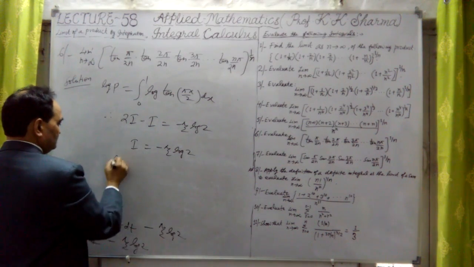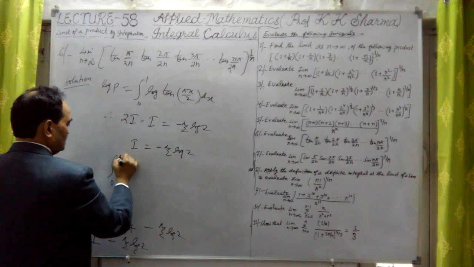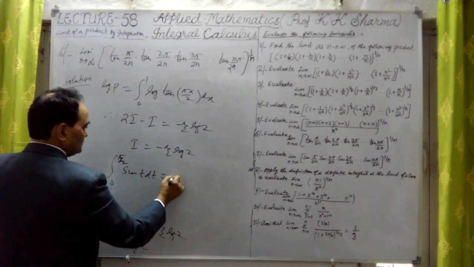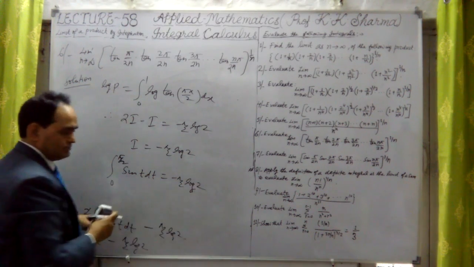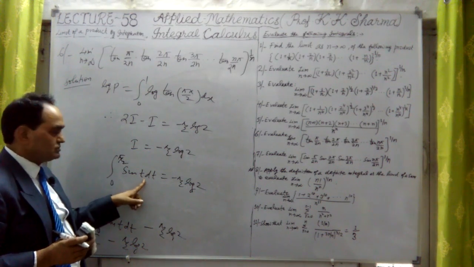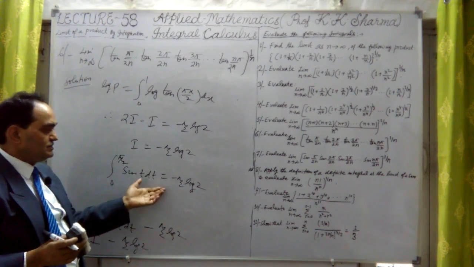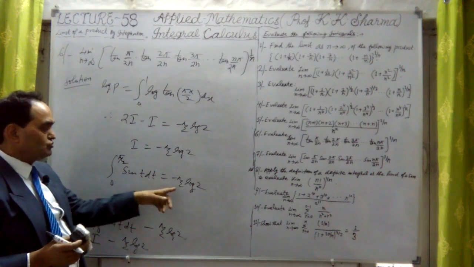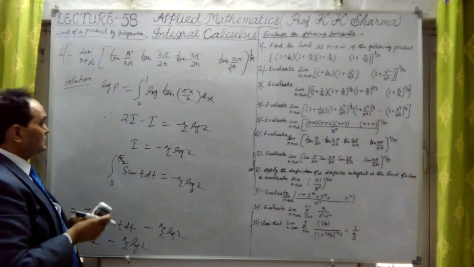I was the integral from 0 to pi by 2 of log sin t, or sin x dx or sin t dt, no problem. Variable can be any, limits must be same. Limits must not be changed, but the variable can be changed; the value will be the same. So this is our integral, and for cos t dt, that also will be equal to this. These values were obtained the same way.